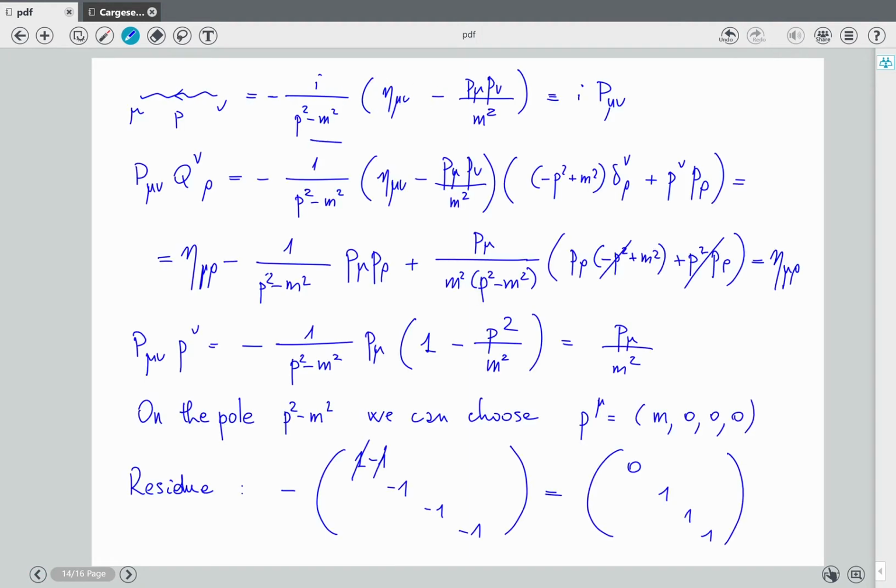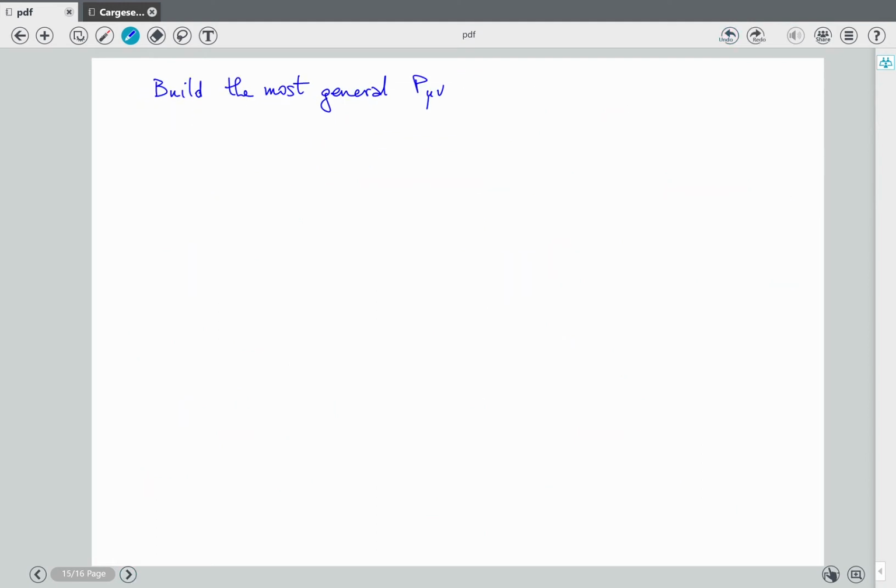So instead of knowing the answer already, starting from the answer, we build the most general P mu nu with a pole in P squared equal to M squared, but such that the contraction with P nu has no pole. So you start from the most general formula.